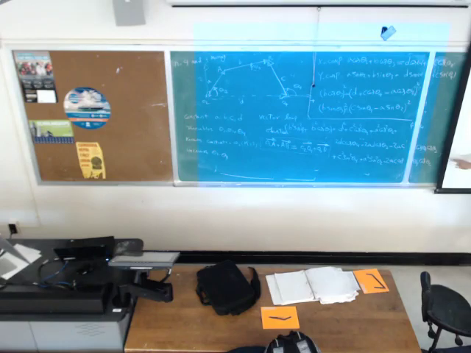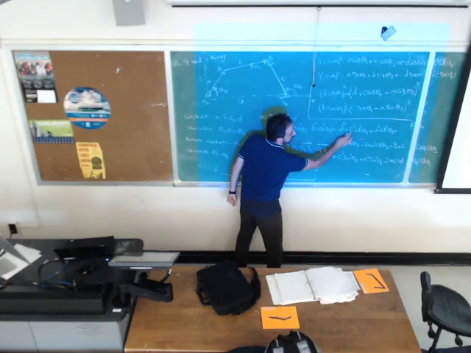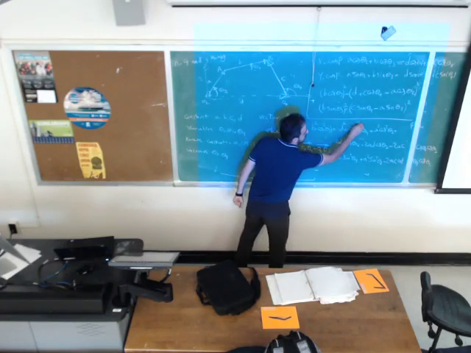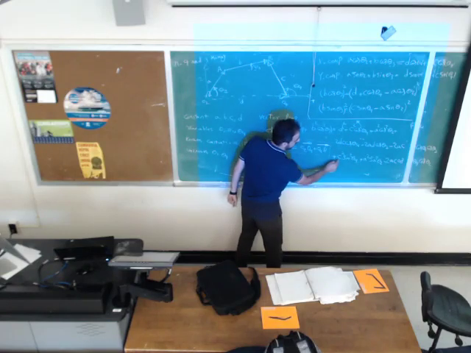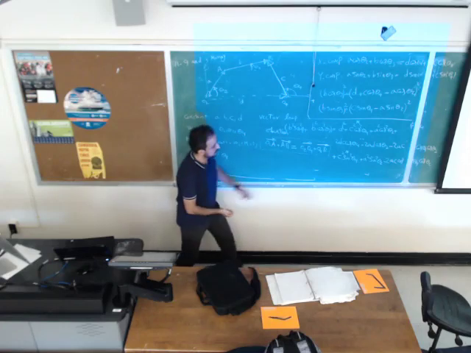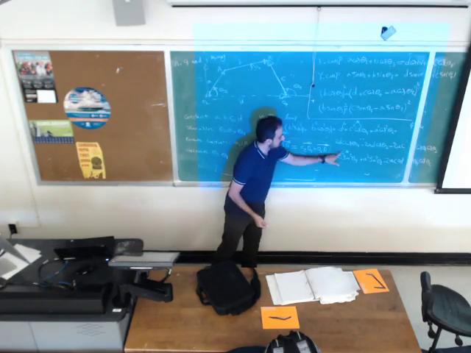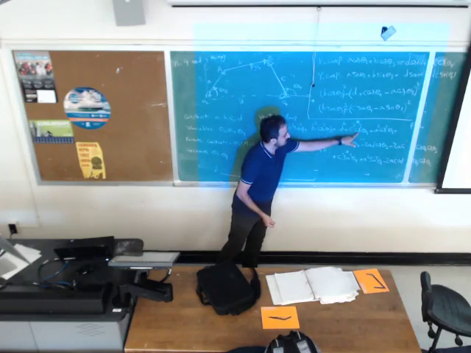I'm rewriting this part. Let me just do some simplification. Look at this term, c squared cosine squared, and this term, c squared sine squared. Summation of these two is the same as summation of these two. I can take out c squared.